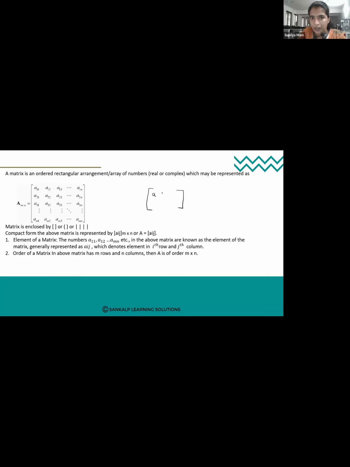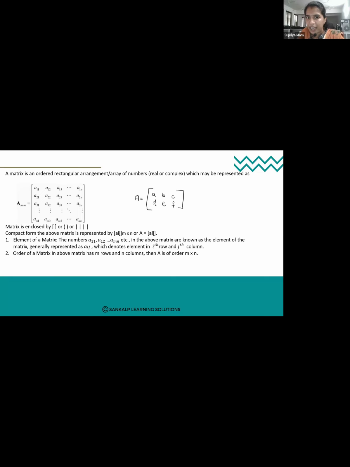Say A, B, C, D, E, F. Horizontal row of representation is called row of a matrix, whereas the vertical way of representation is known as column of matrix. So in this particular example, we usually denote a matrix by capital letter. I took A equal to square bracket and I had listed few elements A, B, C, D, E, F.